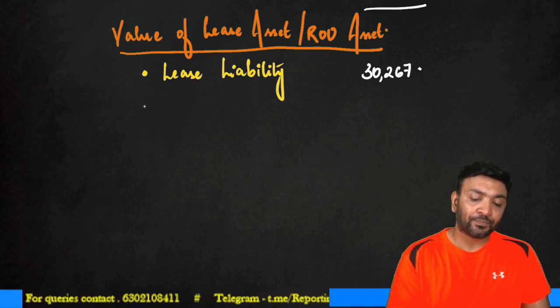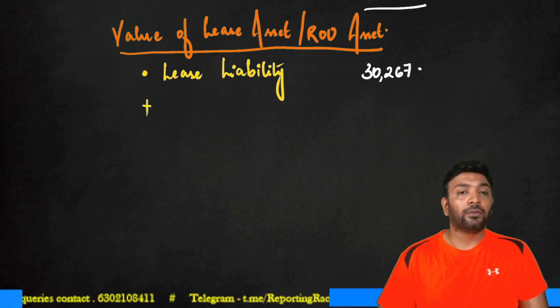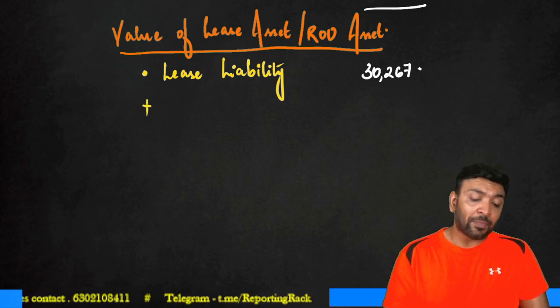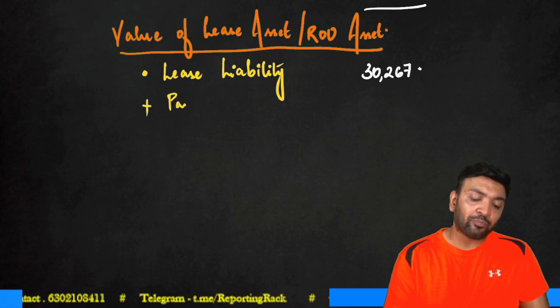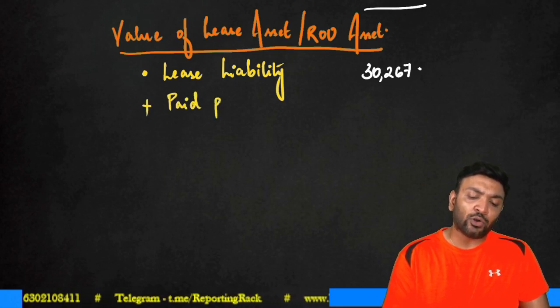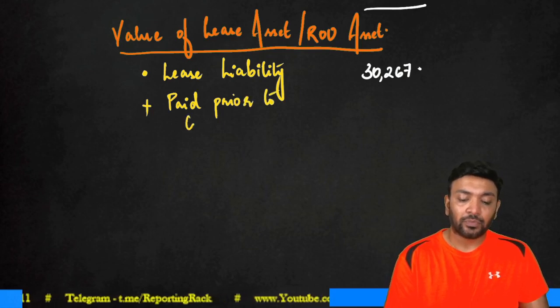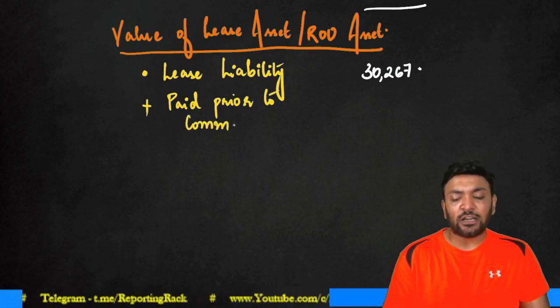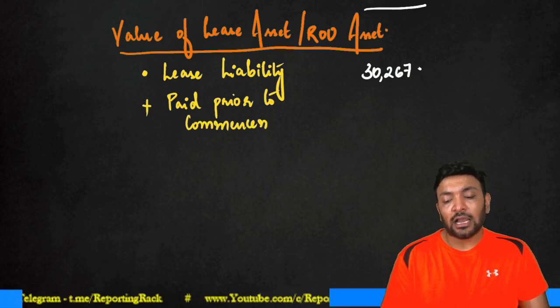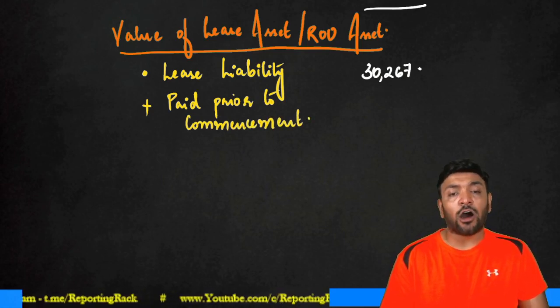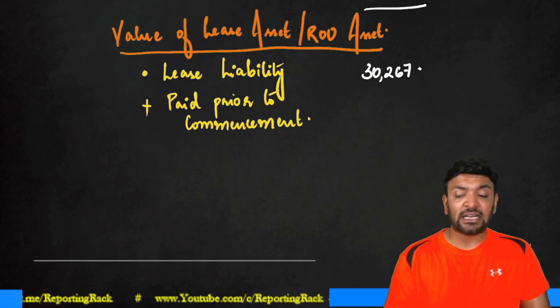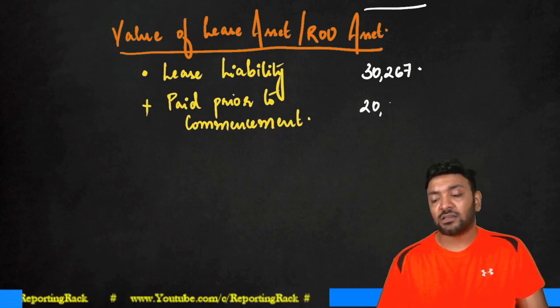Plus the amount paid prior to commencement of lease. Before the commencement of lease, I paid for the modification or customization of the asset, I paid 20,000 rupees.